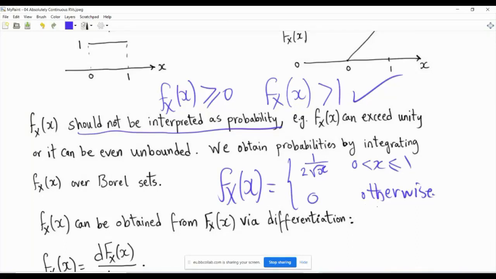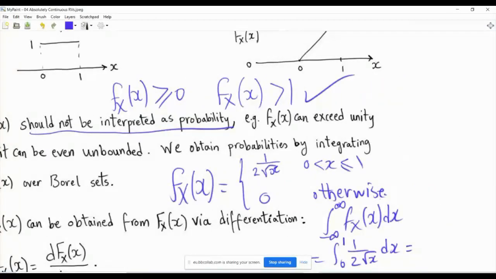Let's now check how its integral behaves. Its integral is from 0 to 1 of 1 over 2 square root x dx. And what is the integration here? It is square root x from 0 to 1, so it is 1 minus 0. So it is 1.